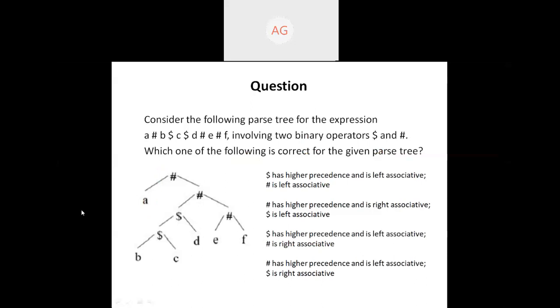So this is the question given to you. You need to answer out of these four alternatives which is the correct one. So the question is: consider the following parse tree for the expression.